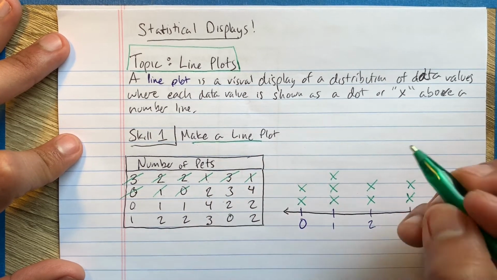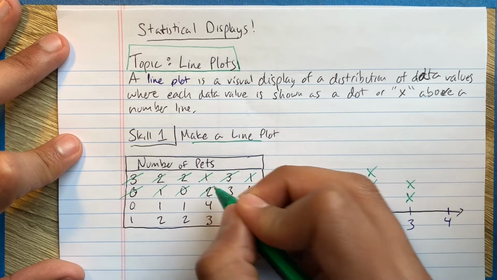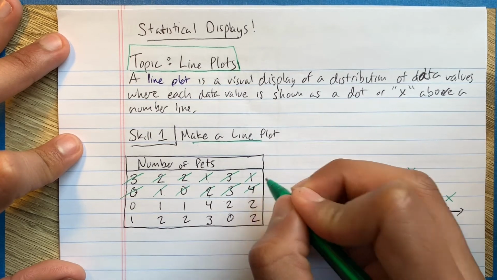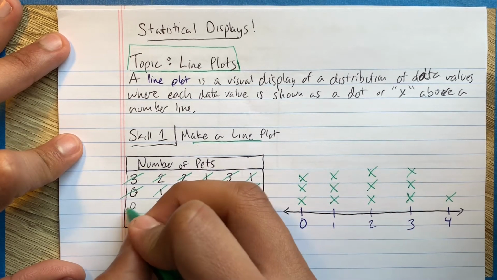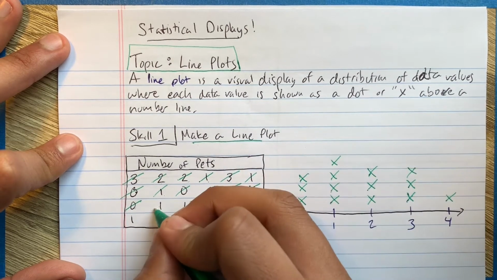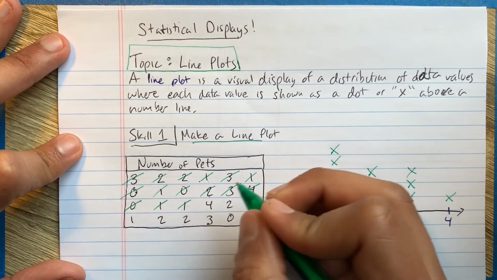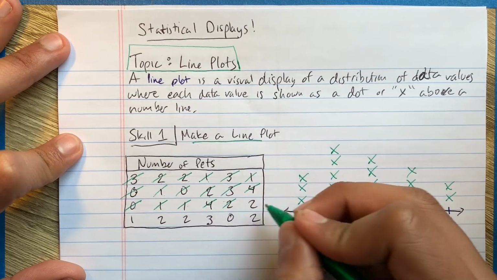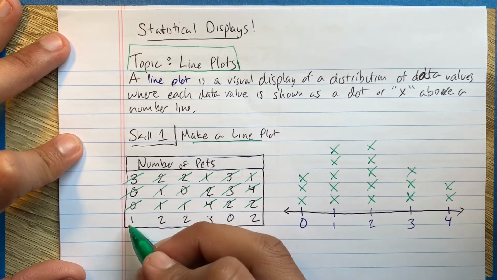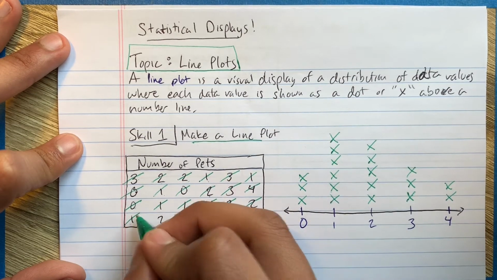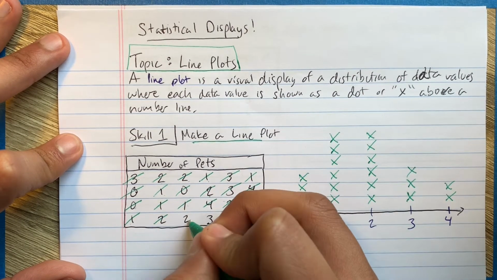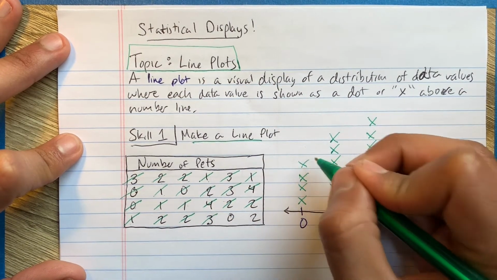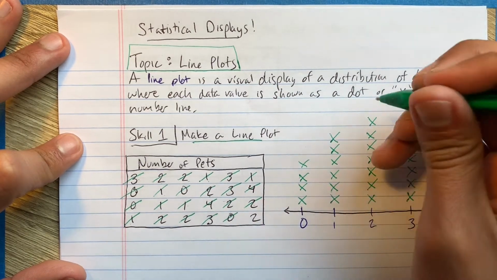So I'm going to actually take the time to do this. I have this 2 here, cross out, a 3, cross out, a 4, cross out, a 0, cross out, a 1, cross out, another 1, cross out, a 4, cross it out, a 2, another 2, a 1, a 2, another 2, a 3, a 0, and a 2.